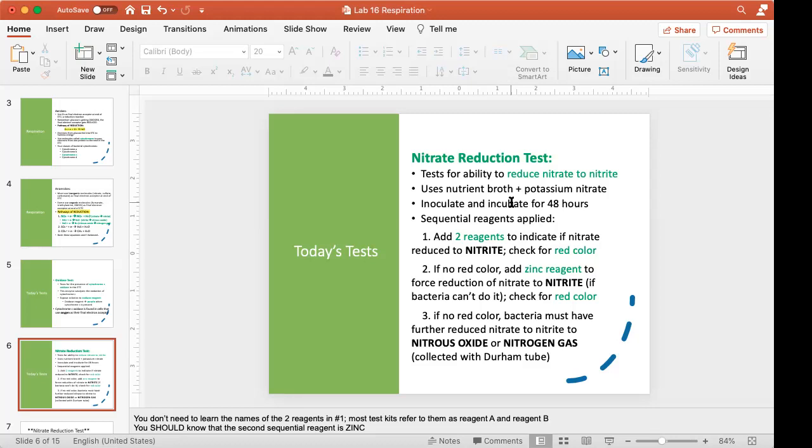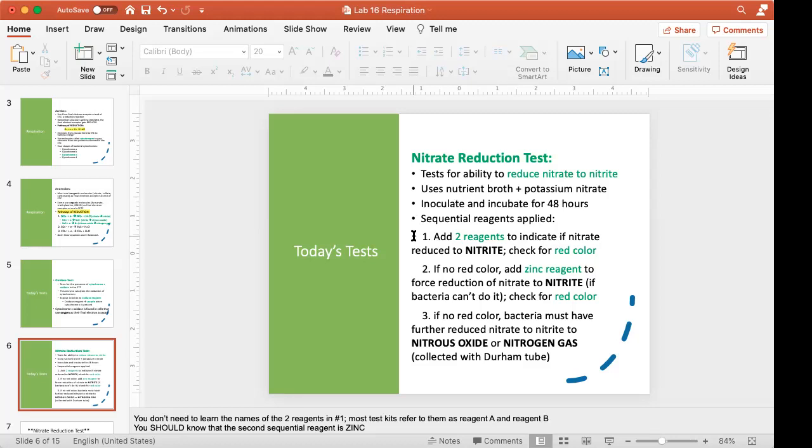We saw this in the cysteine desulfuration test, adding reagents in when you take the tube out of the incubator. This test doesn't just add one reagent, it adds sequential reagents depending on what results you get. So this is the most complex test to conduct that we talk about in this course.